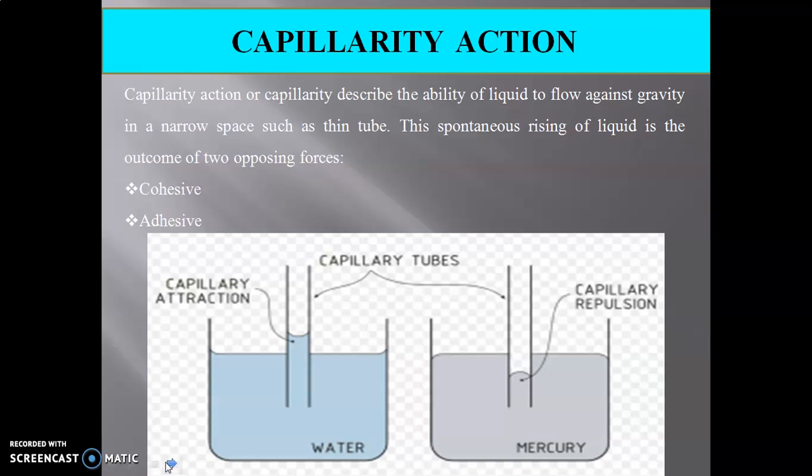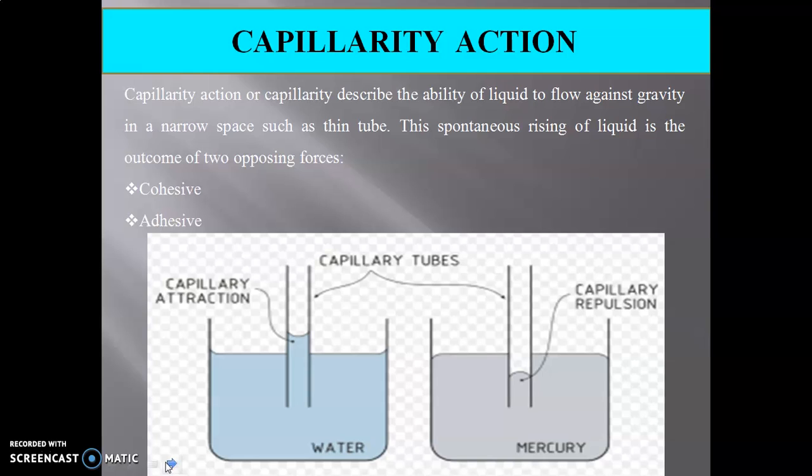Cohesive force is the attractive force between similar molecules or atoms, for example, water and water. Whereas adhesive force is the attractive force between dissimilar molecules or atoms, for example, water and a tube.